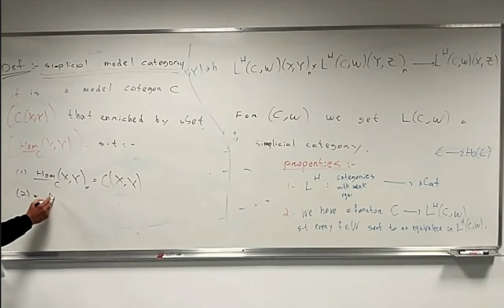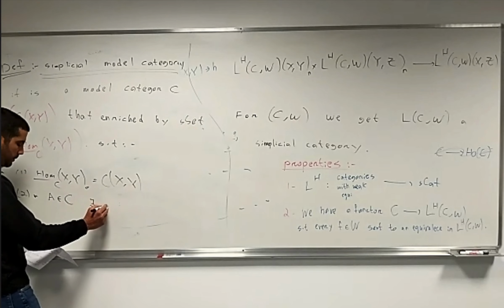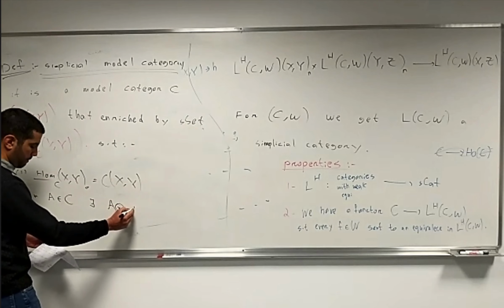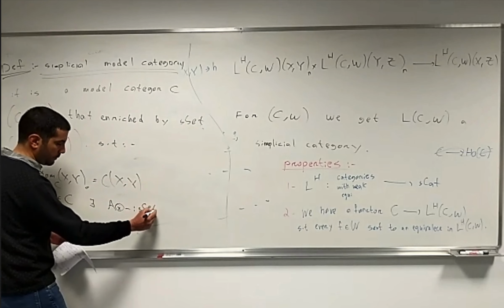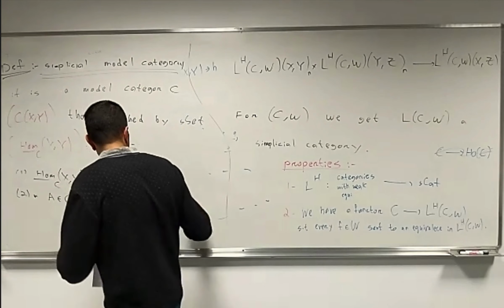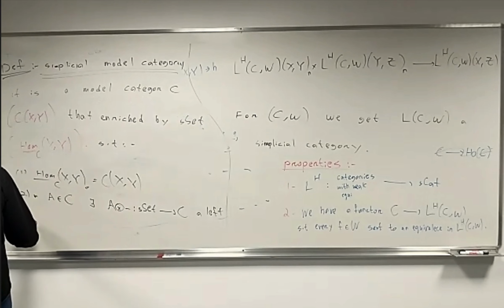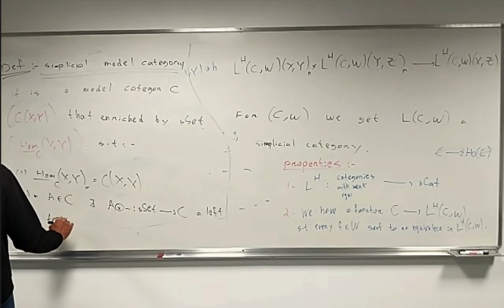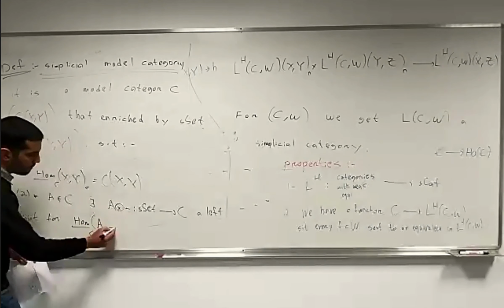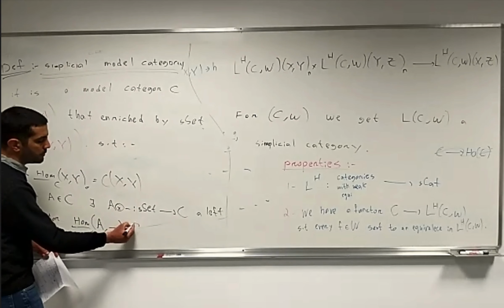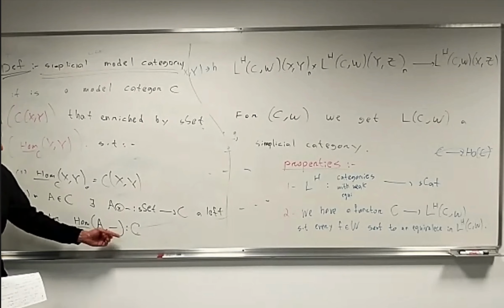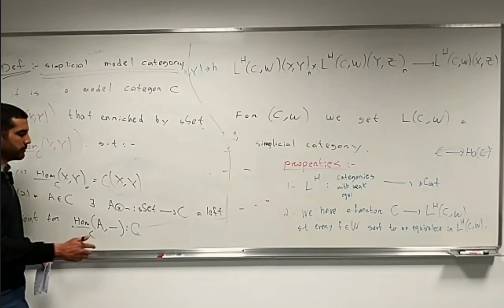The second property is that for every A in C, there is a left adjoint for this functor. This functor goes from C to simplicial sets, right?